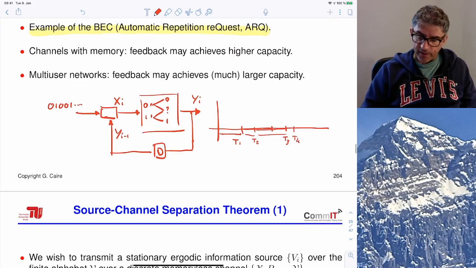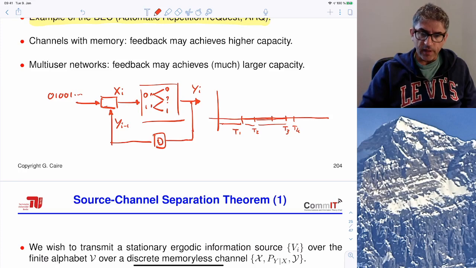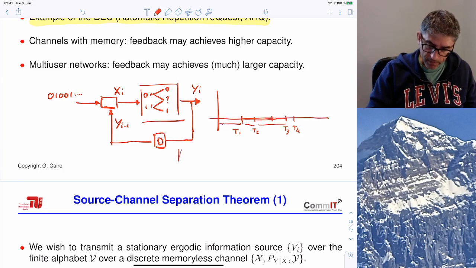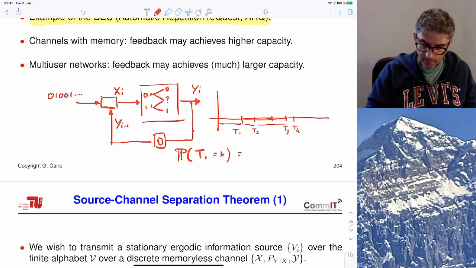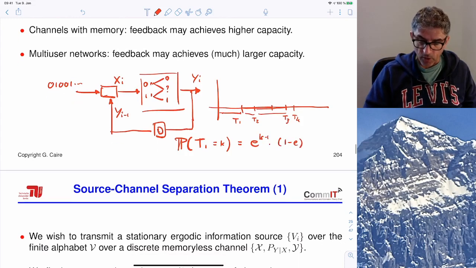Each of these repetition times is geometrically distributed, because with probability E, you repeat, with probability 1 minus E, you move forward. So for example, the probability that T1 is equal to K, where K is an integer, is the probability that you have K minus 1 erasures, so it's E to the K minus 1, times 1 minus E, right? So that's a geometric distribution.